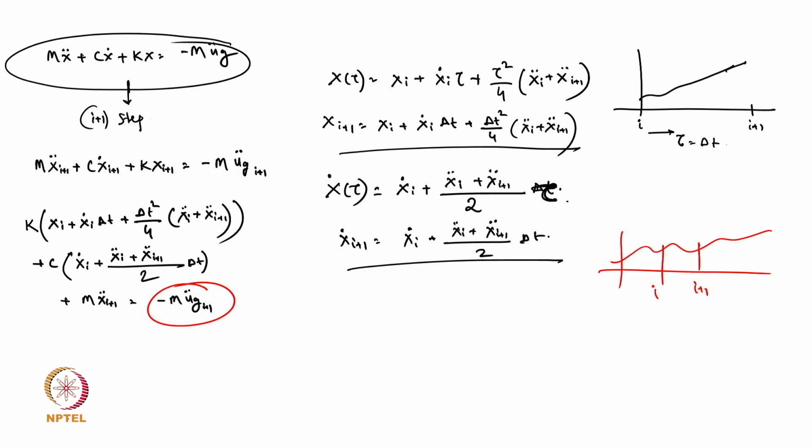Once we are at I plus 1, we had already solved for I, otherwise we cannot advance. So xi, x dot I and x double dot I should be known to us. That is clear? Very good. m, c, k are known, delta t is known.